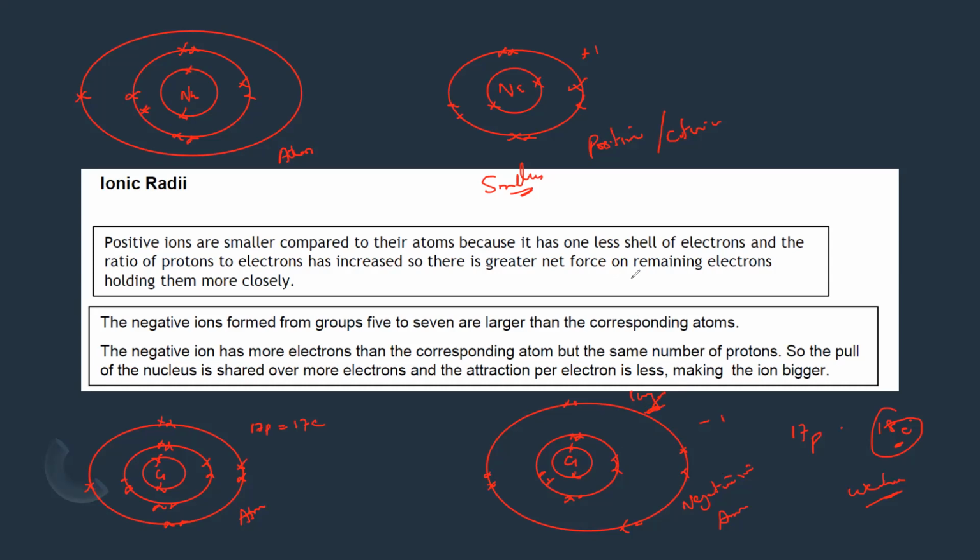Is the concept clear, the comparison between the size of an atom and its positive and negative ions? If it forms a positive ion, the size of the ion will be smaller than the atom, and if it forms a negative ion, the opposite will happen: the negative ion will be larger or bigger than the simple atom.